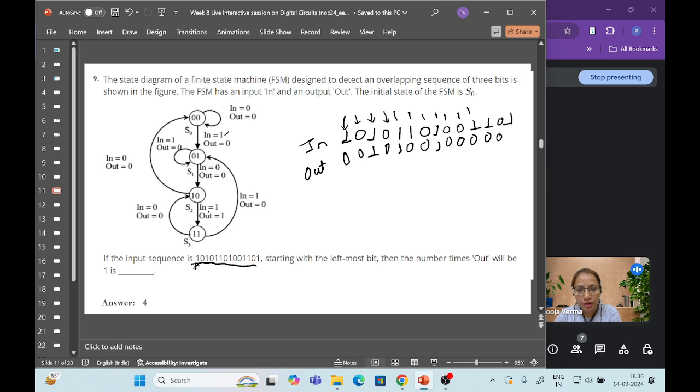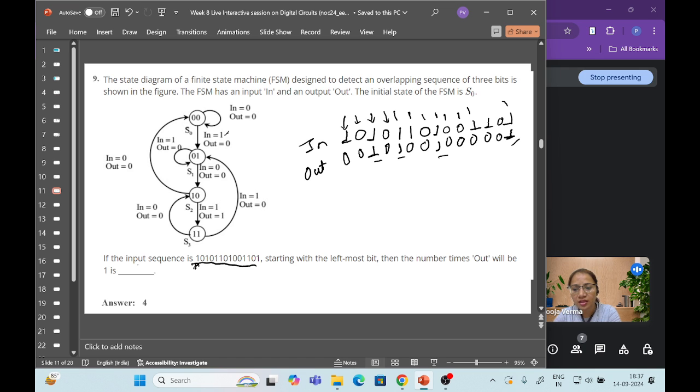Now again the next input is 1, in this state in is 1, out is 1, right? So the number of times out will be 1, let's count: 1, 2, 3, 4. So 4 times out will be 1.